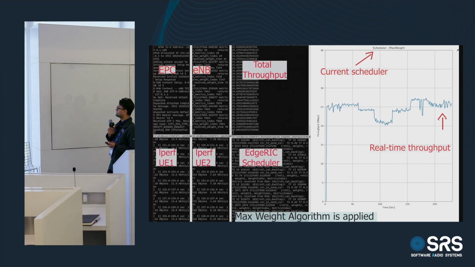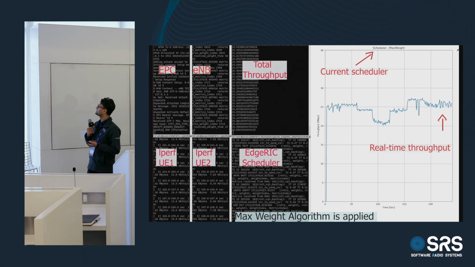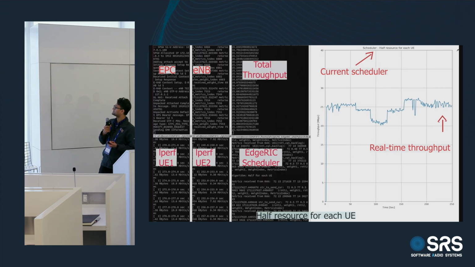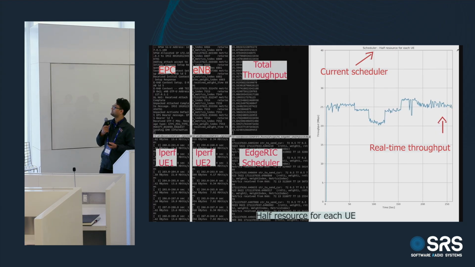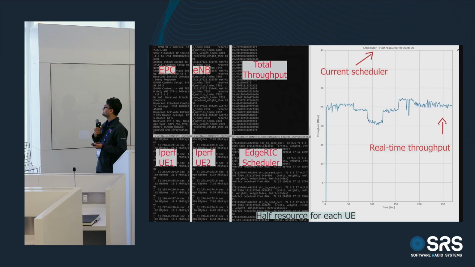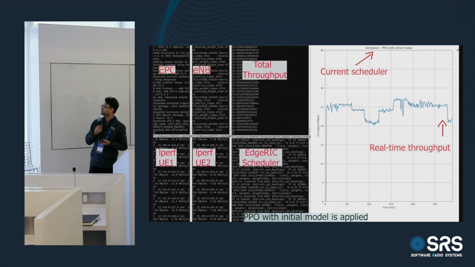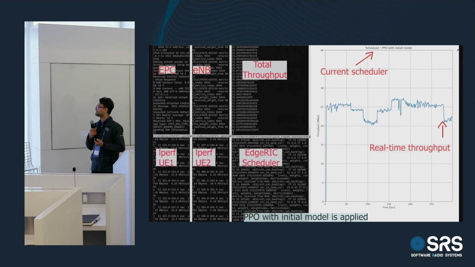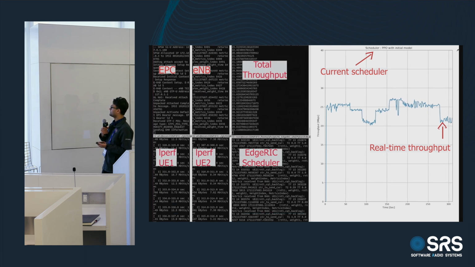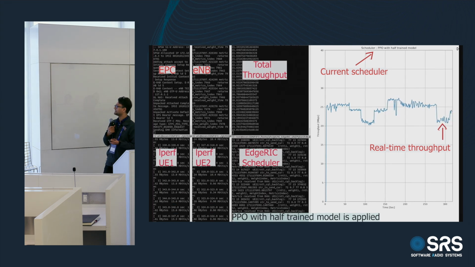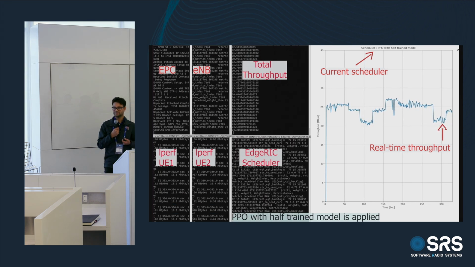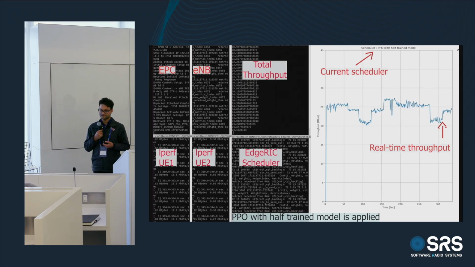So this demonstrates that, and then again when we switch back to the max weight policy, or when we allocate half the resources to each user, then you see there is a degradation in throughput. So the best throughput performance we can get is by running our RL model in real time, which is adapting to the channel condition, and it is providing the best throughput in real time.